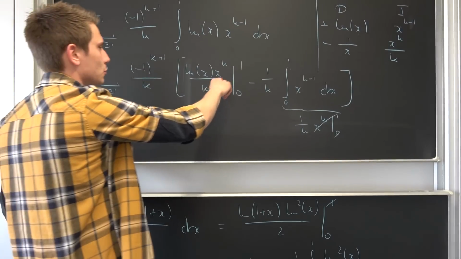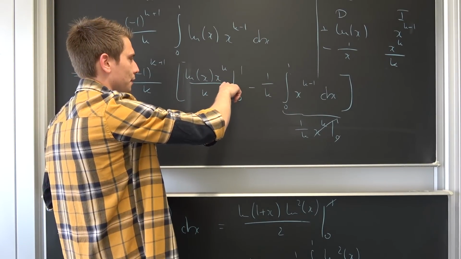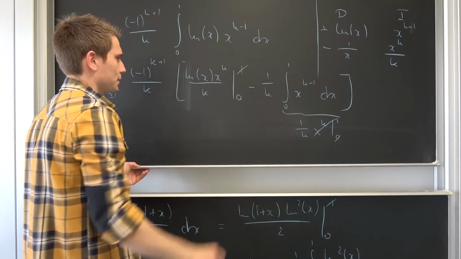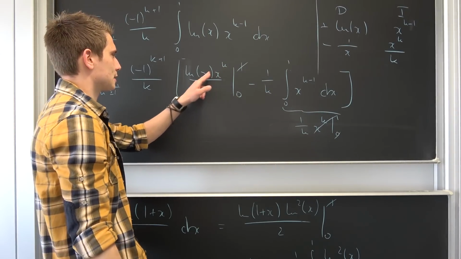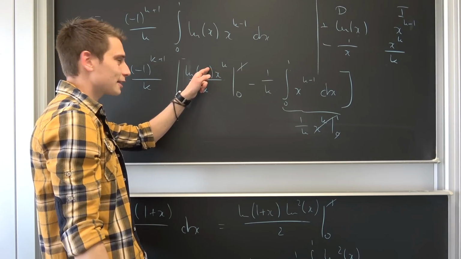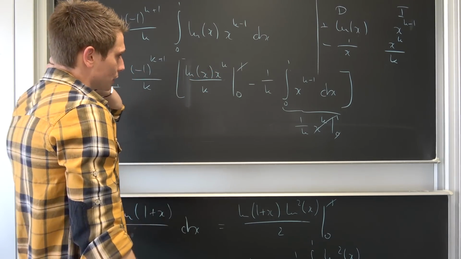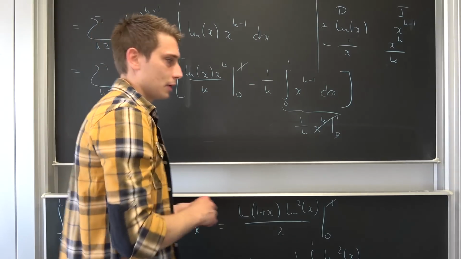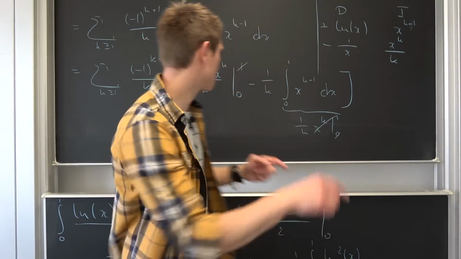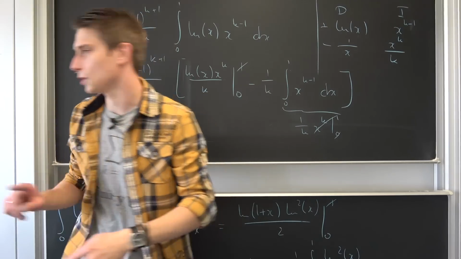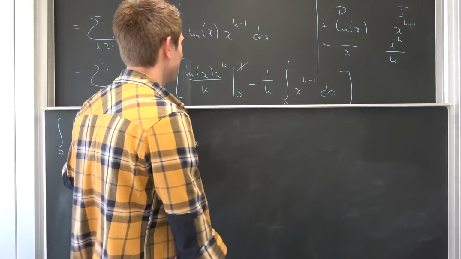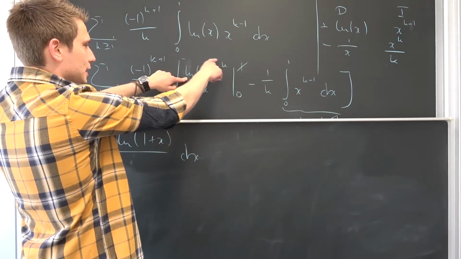Now let's think about this. If we plug 1 into here, natural log of 1 is nothing but 0. If we plug 0 into here, this is actually a negative infinity times 0 situation. So what we can do, okay, let me erase something. We are going to use L'Hopital on this thing, and that should actually work, I guess. Okay, yeah, we are just going to take a look at the limit.